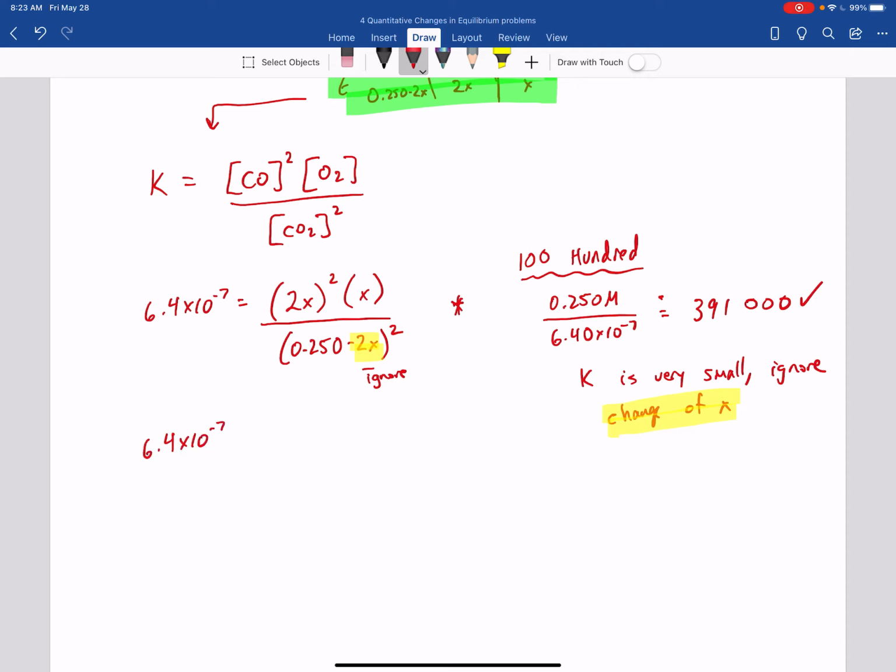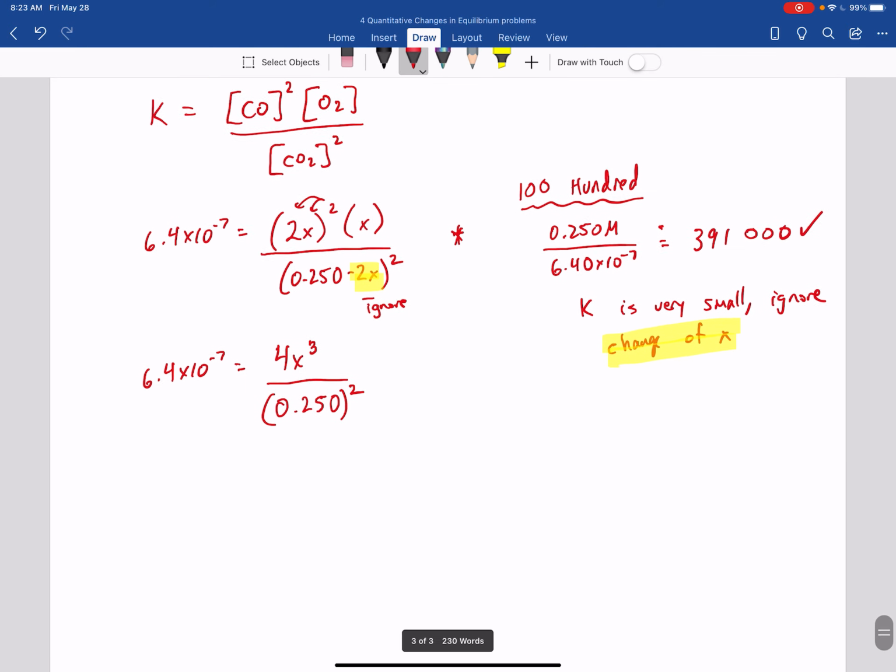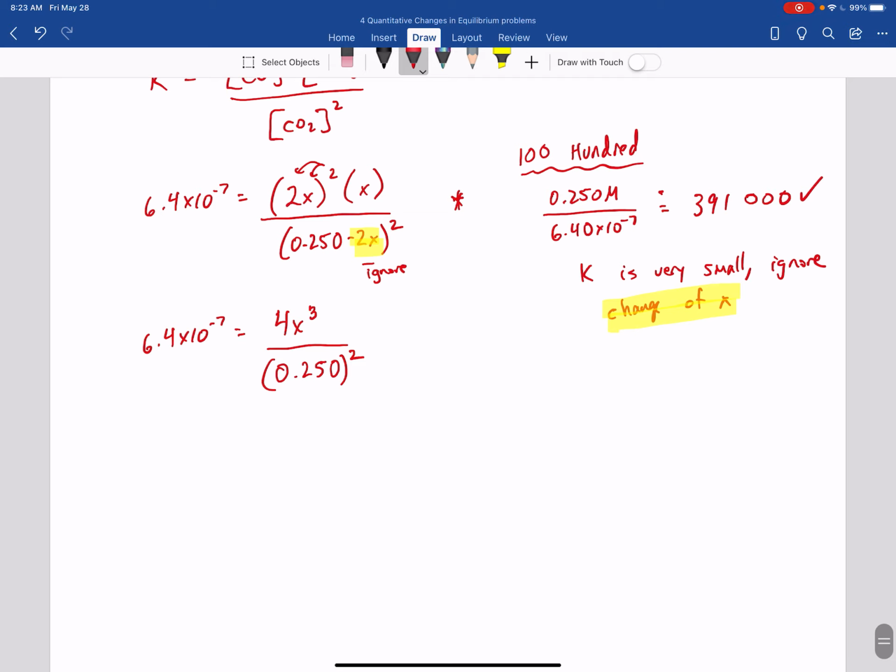So what we're left with here, and I will simplify this, 4x squared times x will be 4x cubed over 0.250 squared. And then we can substitute that value back in now. So going from there, we can simply solve for x now. And it's easy to take a cubic root. We don't have to factor a cubic function.